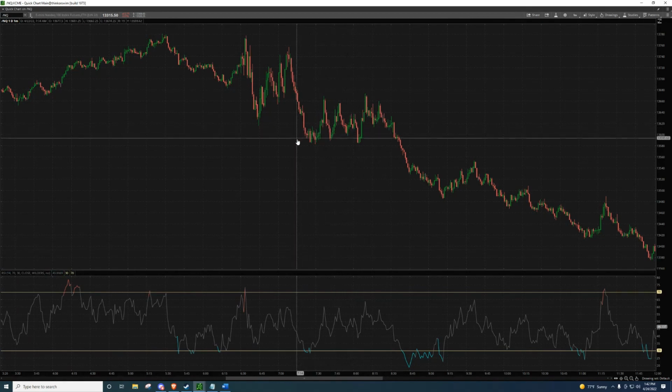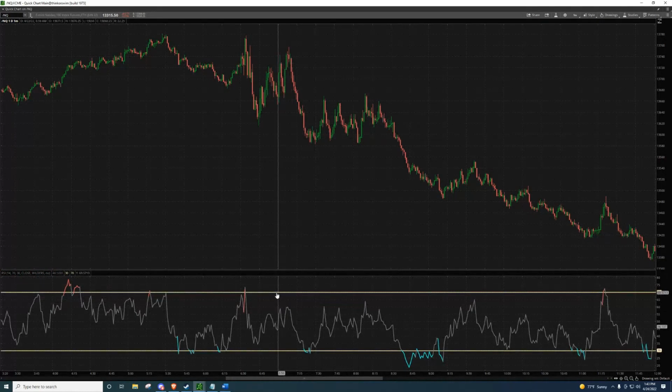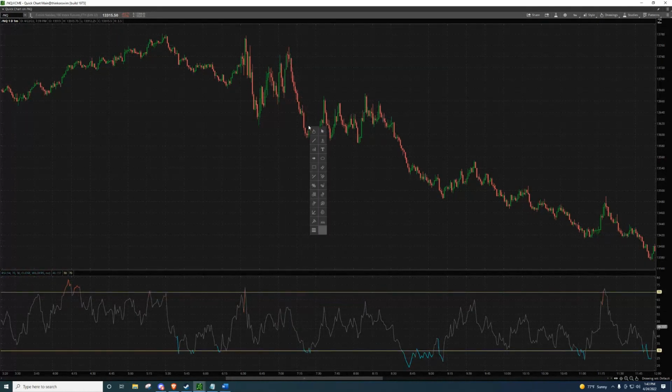The problem with this is that you're building a strategic edge based on information in one little category of one little area, in this case the NQ. So we had a trend start, we had this downtrend start.